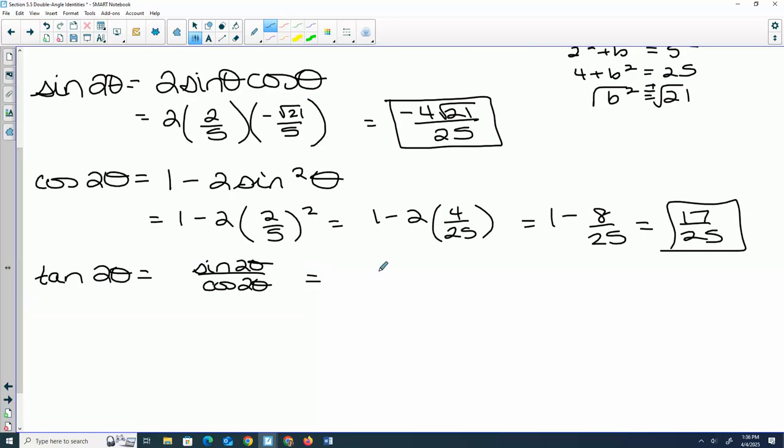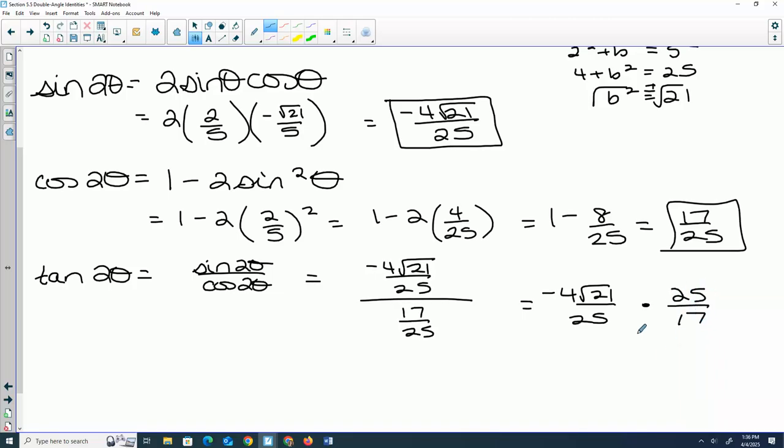So, sine of 2 theta from part A, negative 4 radical 21/25. Cosine 2 theta from part B, 17/25. We flip and multiply. Those 25s drop, and we just get negative 4 radical 21/17.